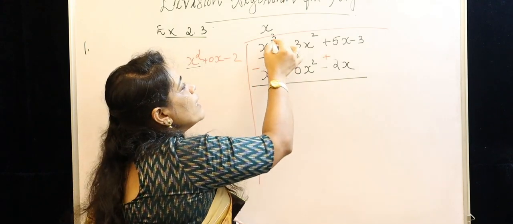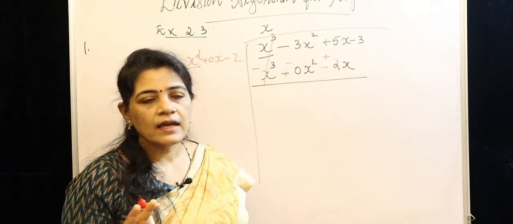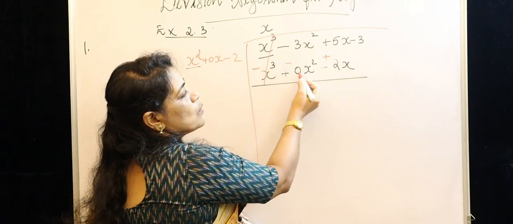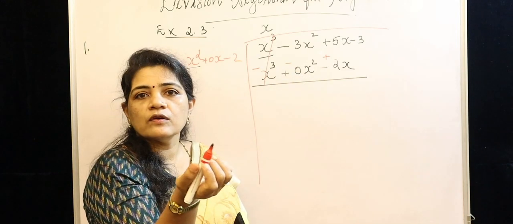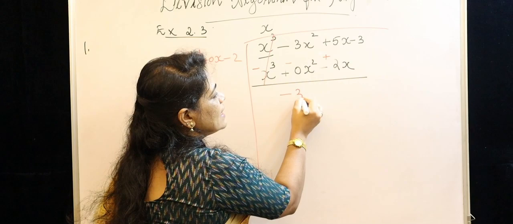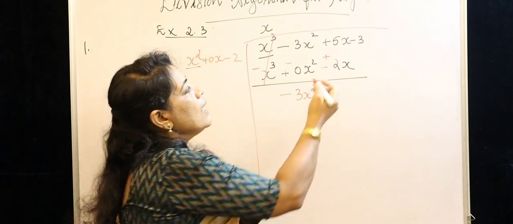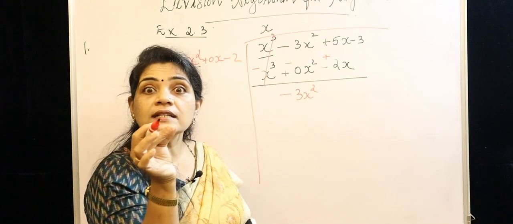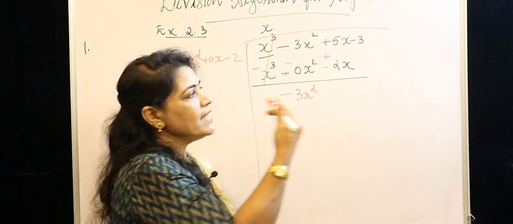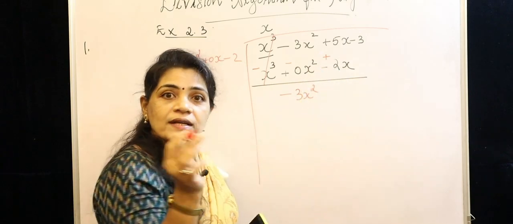So x cube and minus x cube get cancelled. Minus 3x square minus 0x square is minus 3x square itself. Now the x term: plus 5x plus 2x, after changing the sign of minus 2x we now have plus 2x.